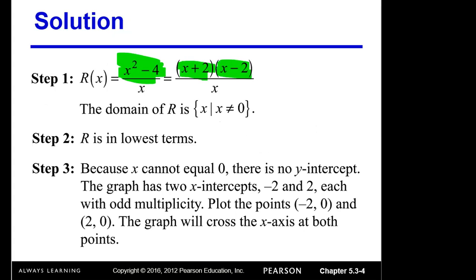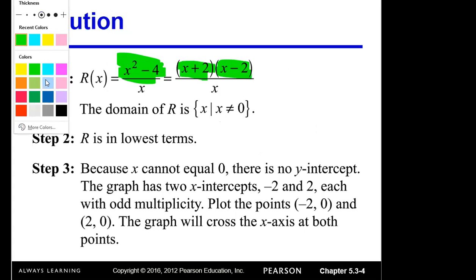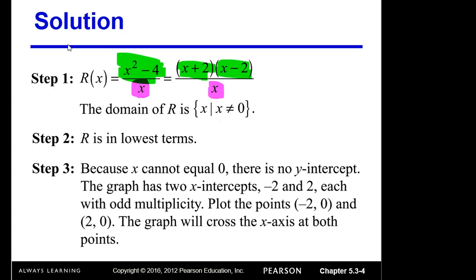X squared minus 4 is a difference of 2 squares, and it factors into conjugates. But my denominator is an x, and denominators cannot equal 0. So they said, well, the domain can be anything except 0 because there's just an x in the bottom. So x itself can't be 0.